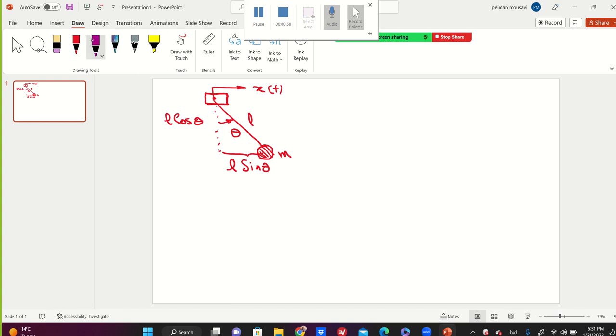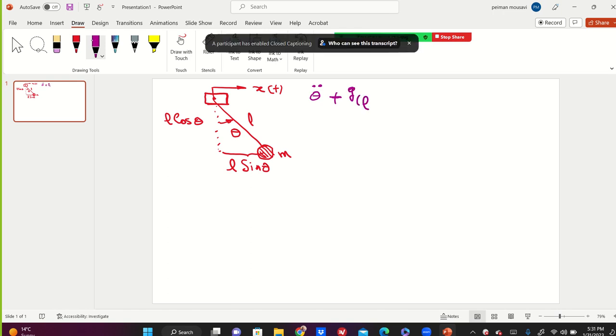And we got, if you remember, the nonlinear equation: theta double dot plus g over L sine theta equals minus x double dot, the acceleration of the hip joint, cosine theta.